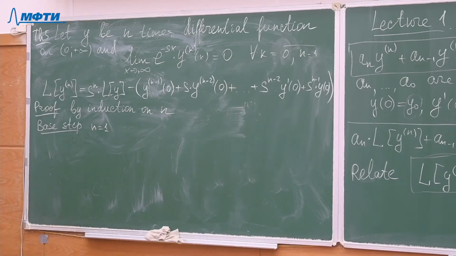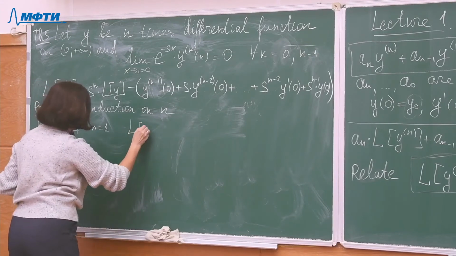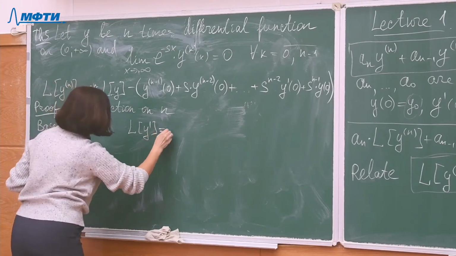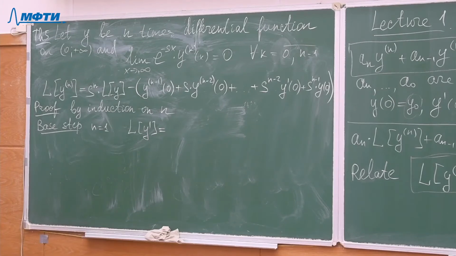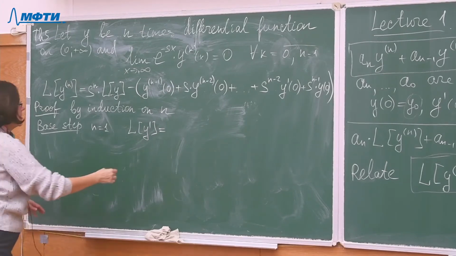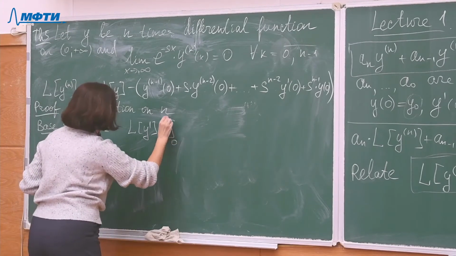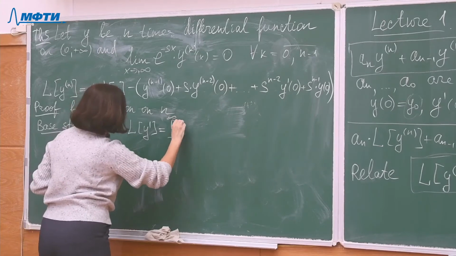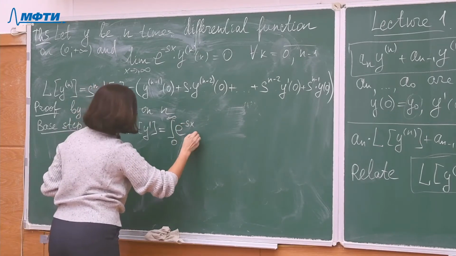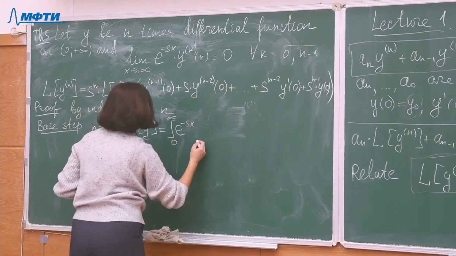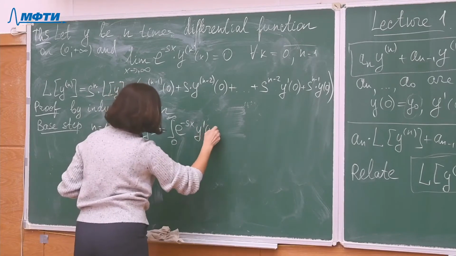Let's substitute n equals 1 and let's try to find L of y prime. It will be equal to the integral from 0 to infinity e to the power minus sx y prime of x dx.